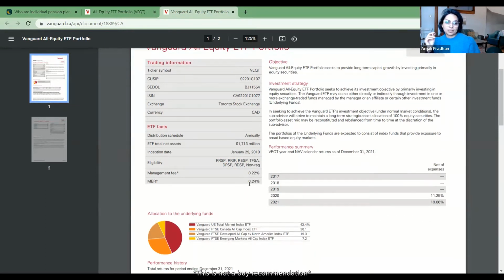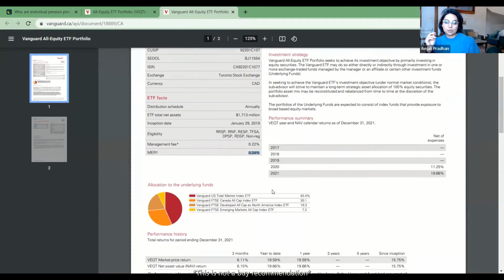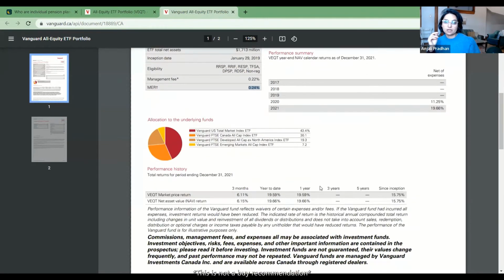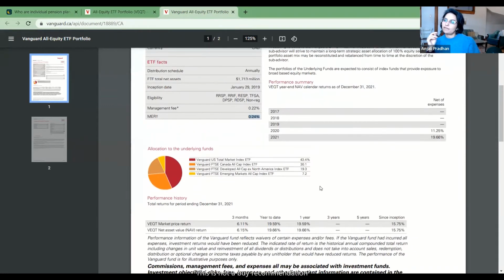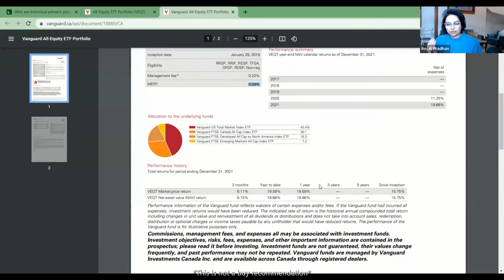So the management fee, or the MER, is 24 basis points, so 0.24%, which is a little bit on the high side for a standard stock ETF. This is my first line of thinking, but let's explore more. I'm not going to jump to conclusions because I don't actually know what's in this ETF.